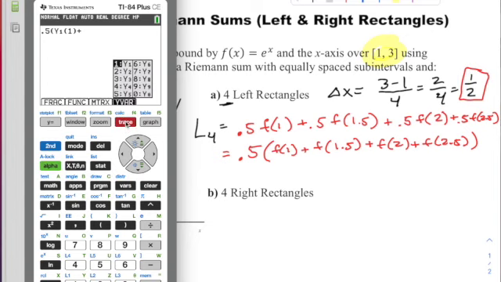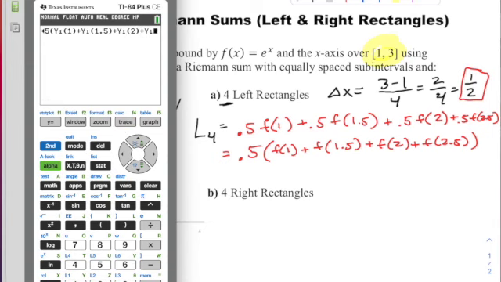This might seem time consuming, but it's a lot faster than getting the values individually. y1 of 1.5 plus alpha trace y1 of 2, and lastly alpha trace y1 of 2.5.